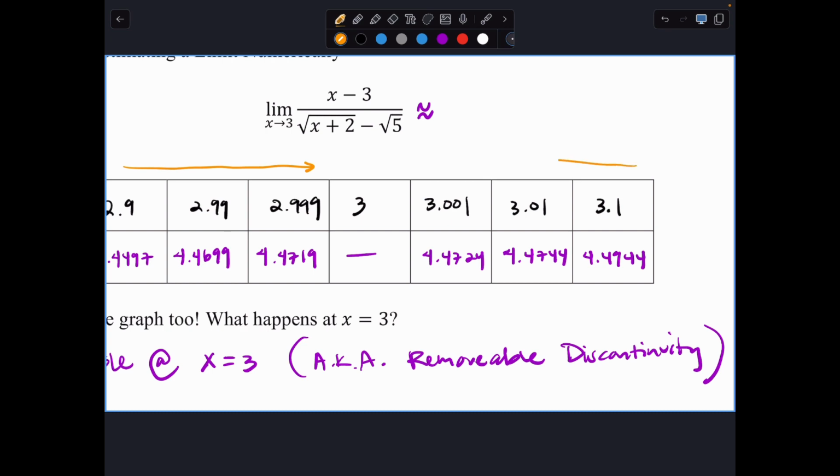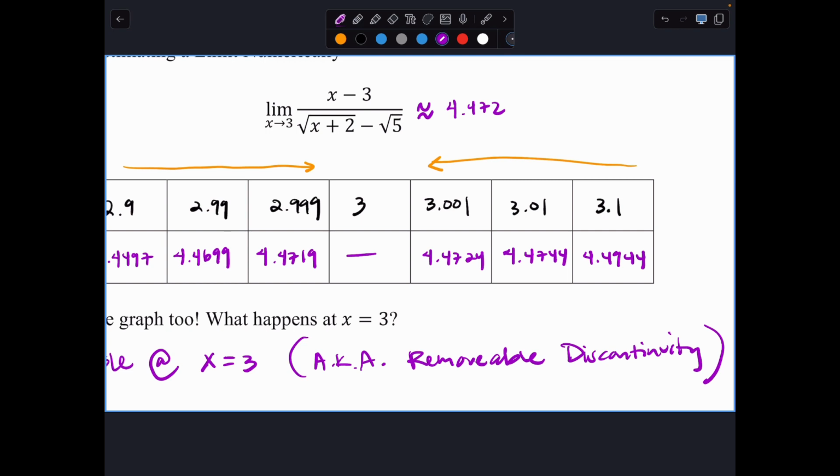Because then from the right-hand side, I would go with 4.472, because the values seem like they're decreasing. This seems like it's increasing towards 4.472. I would go with that as the approximation.